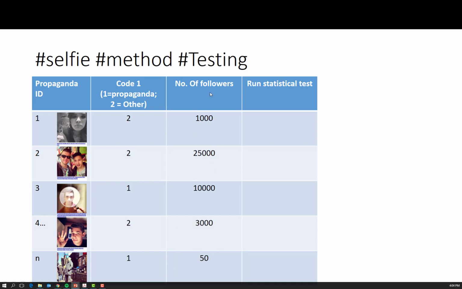We would then also get the number of followers that these users of Instagram have, and then we would run a statistical test. We haven't got that far yet in terms of which would be the appropriate test to run. Just believe me, it is an independent sample t-test, which compares sample 1, propaganda selfies, versus sample 2, non-propaganda selfies, and versus how many followers they have.